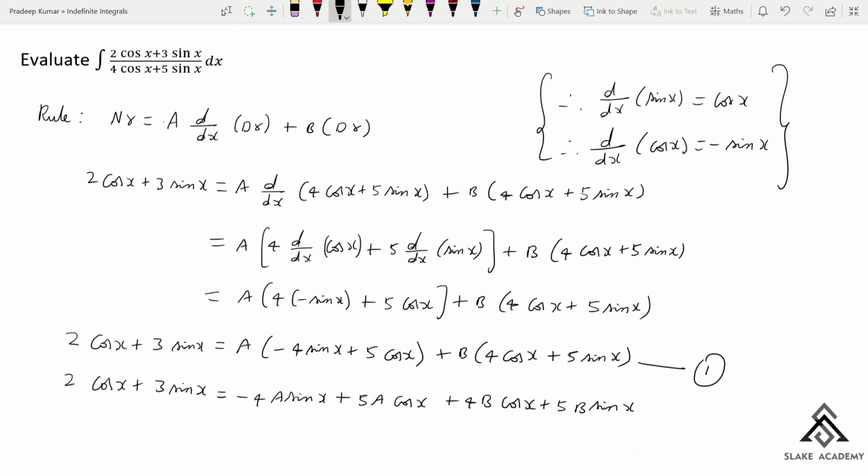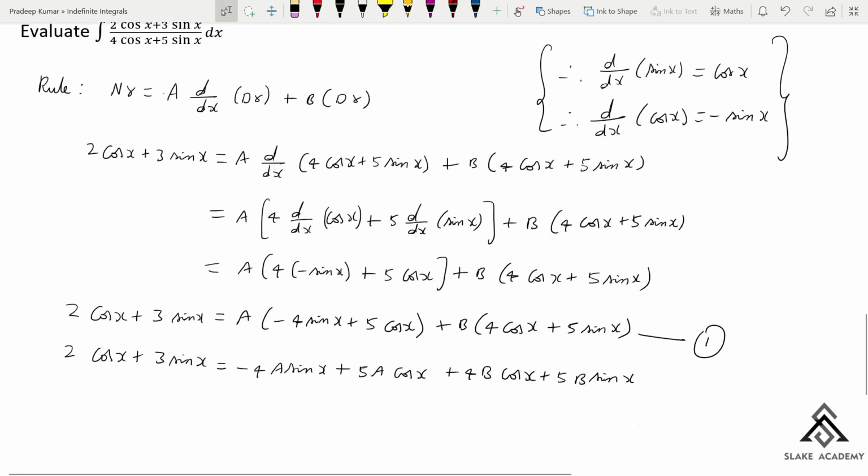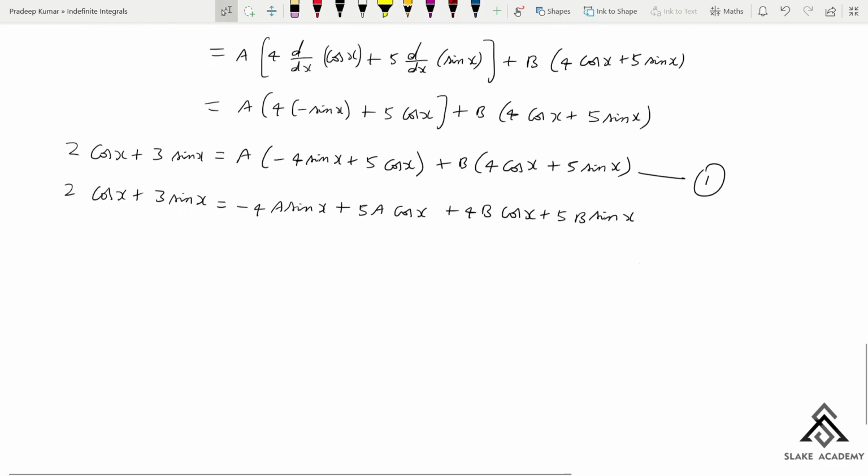Now we'll solve this equation further to get the a and b values. We'll compare the coefficient of cos x on the left and right hand sides, and the sin x coefficient on the left and right hand sides. We'll do that separately.